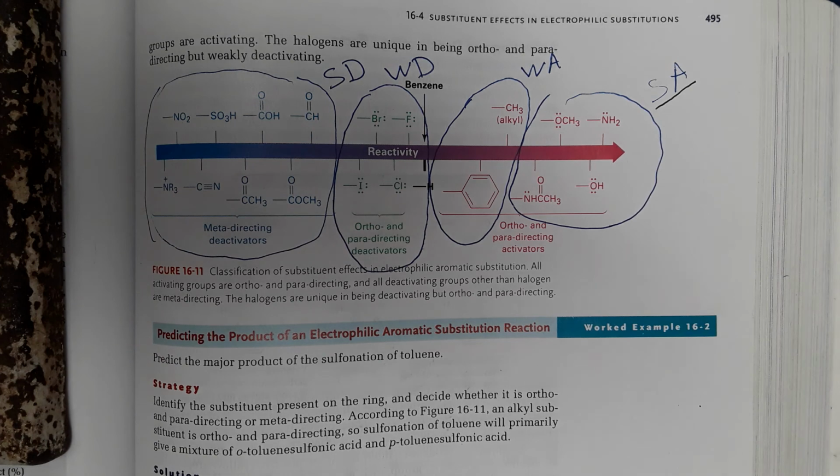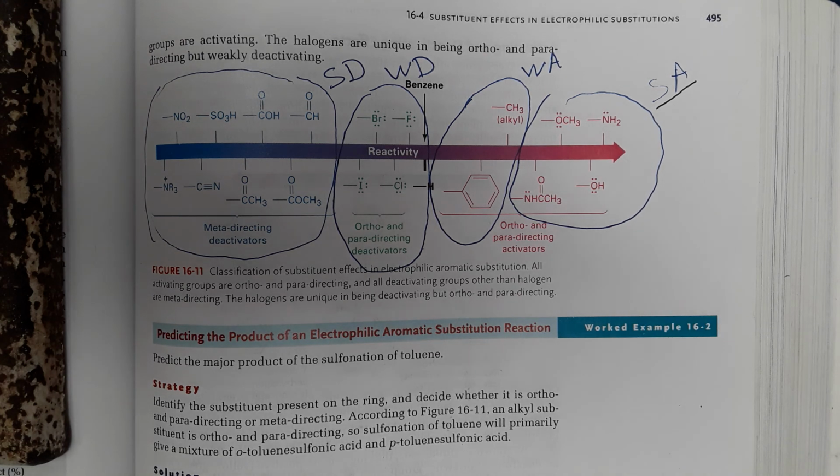And that's an interesting table because it shows you relative percentages of ortho, meta, and para products, so you can see how important this difference is. When we say that the major product is meta, how major is it? When we say the major products are ortho and para, is it going to be more ortho, more para? Well, it depends on the group, and we will talk about that in the next video.